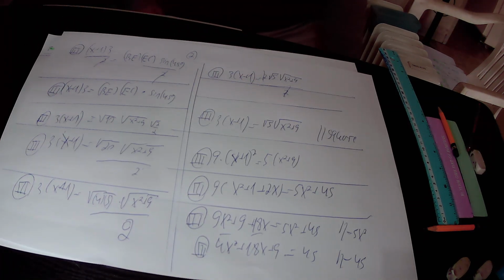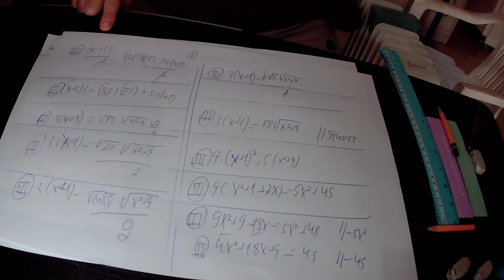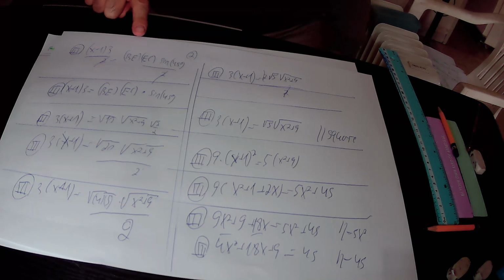The area of the triangle ABC according to the first method of calculation equals x plus 1 times 3 over 2, and it must be equal to the area of the triangle ABC according to the second method of calculation. The area according to the second method equals BE times EC times sine 45 degrees over 2. So this is equation 3.